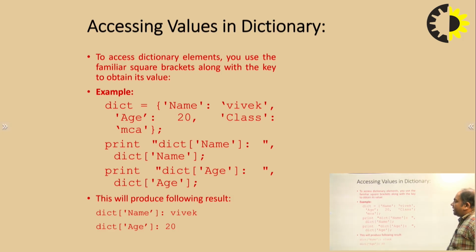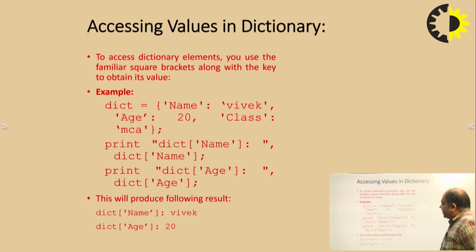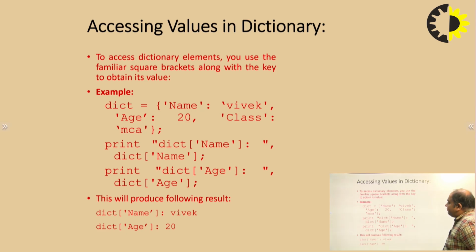To access the values in the dictionary, we can use square brackets. Like I have shown in an example, I created a dictionary with the name Vivek, his age is 20 and his class is MCA. If I want to print the name, I have to write the print keyword, then DICT, the name of my dictionary, and the key which I want to print.